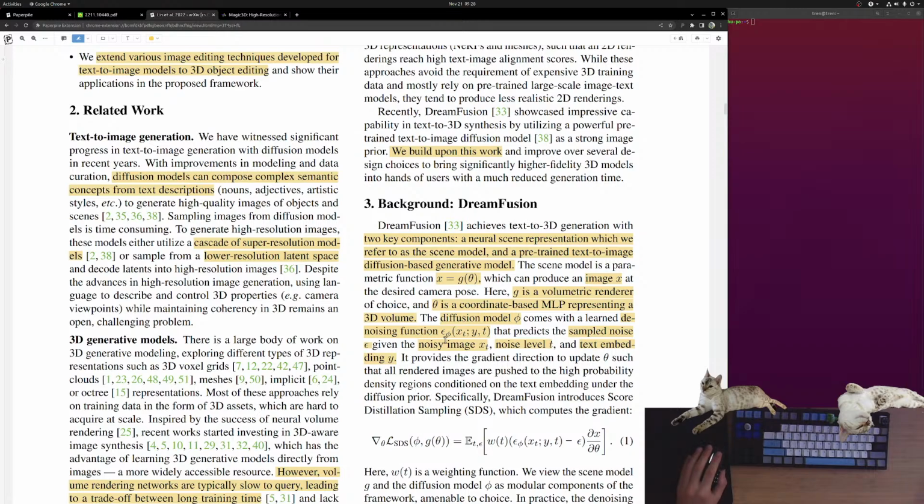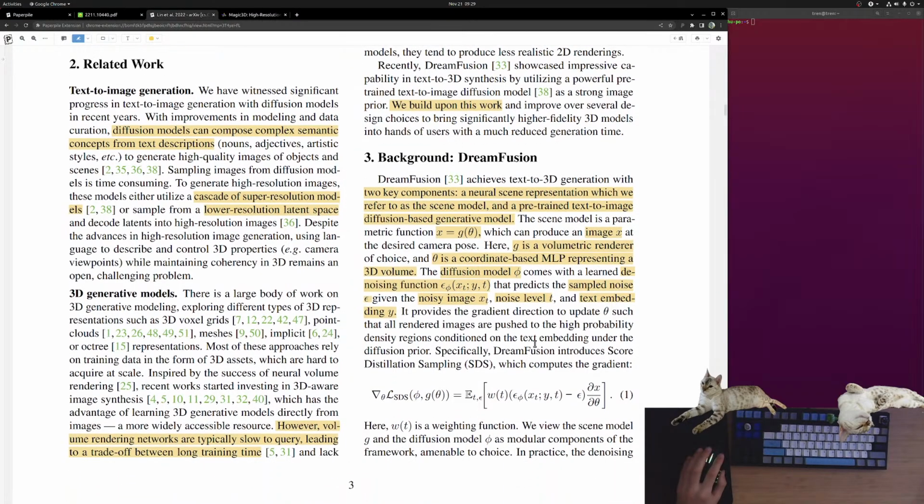Yeah, so your 2D denoiser is what's ultimately giving you the gradients that you're using to train your multi-layer perceptron that represents the actual 3D object. Okay, Dream Fusion introduces score distillation sampling, SDS, which computes the gradient.